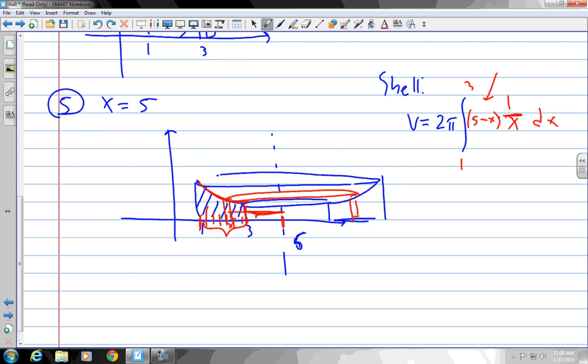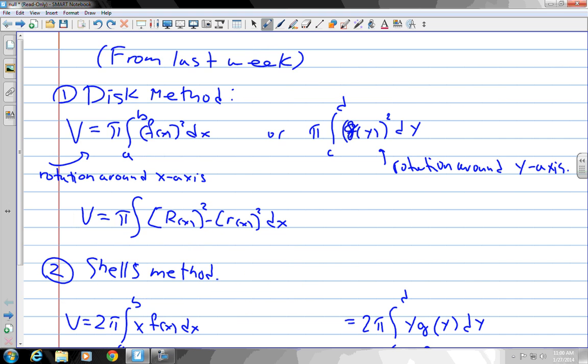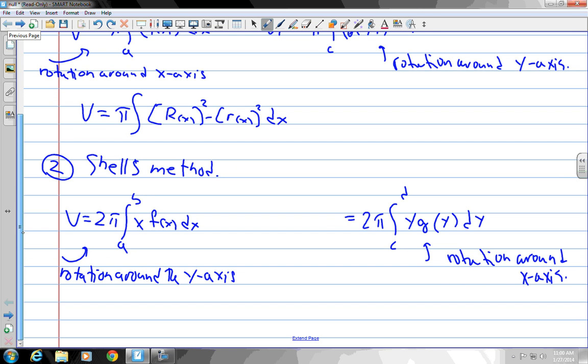Okay? Because again, if we understand where that formula came from, that this x right here represents the radius.